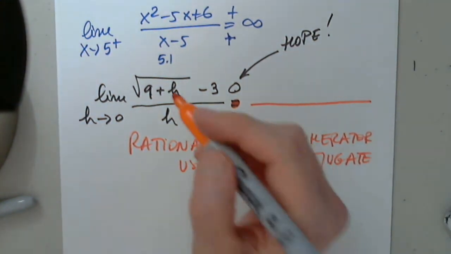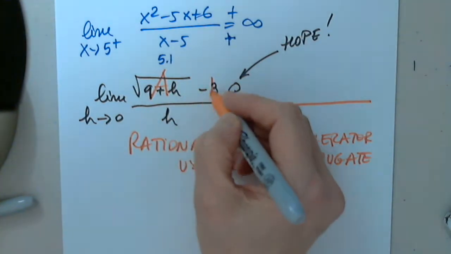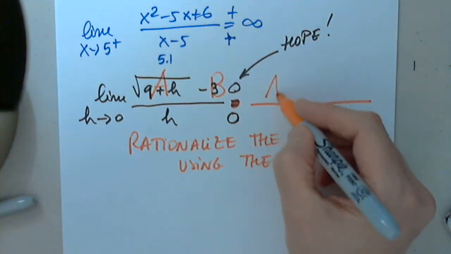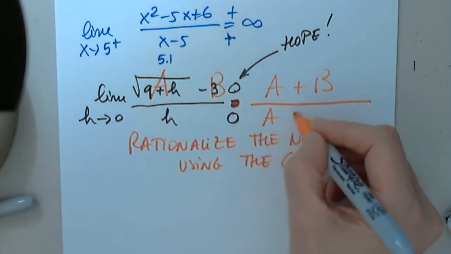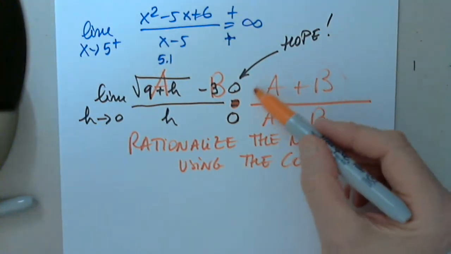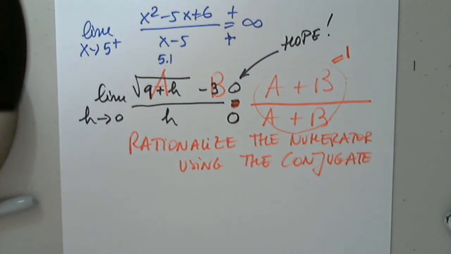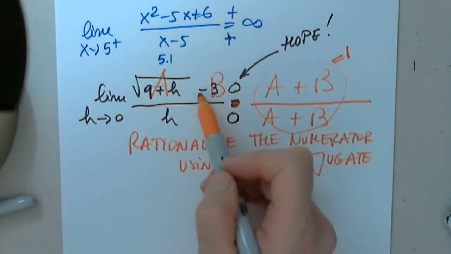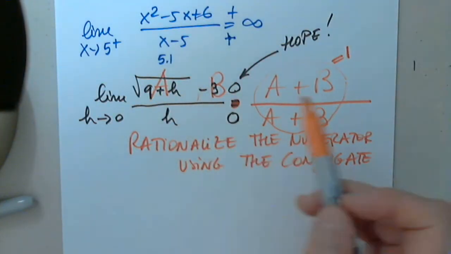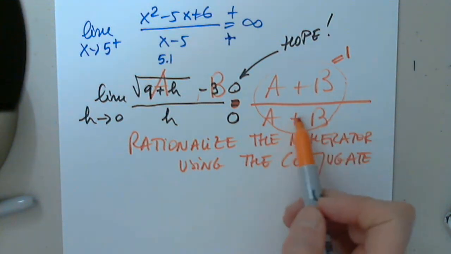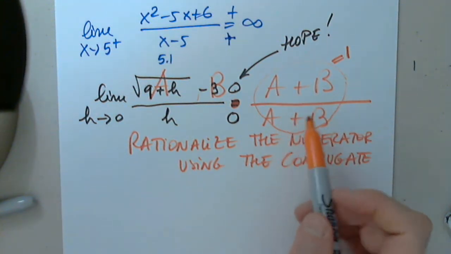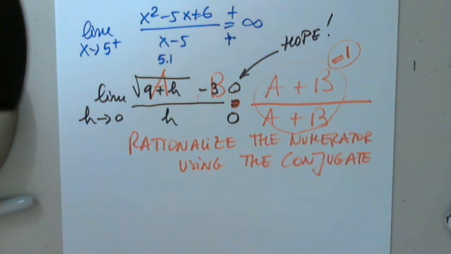So what do we mean by the conjugate? If this is a minus b, then we have to multiply by a plus b and divide by a plus b because this quantity has to equal 1. If I have a plus b, then I multiply by a minus b and divide by a minus b because the quantity has to equal 1.